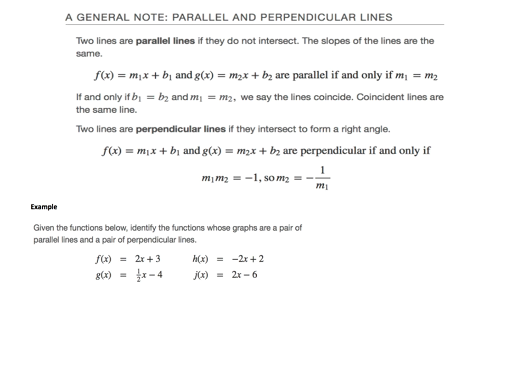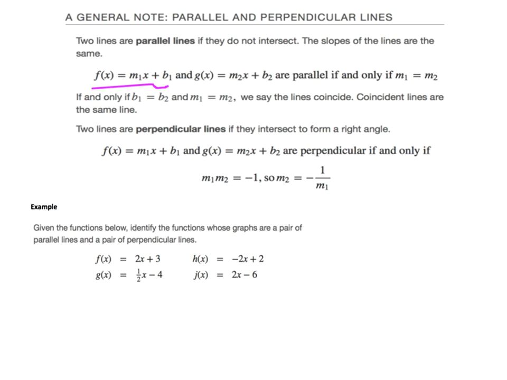Parallel lines have the same slope. Okay, two lines are parallel if they do not intersect. The slopes of the lines are the same.